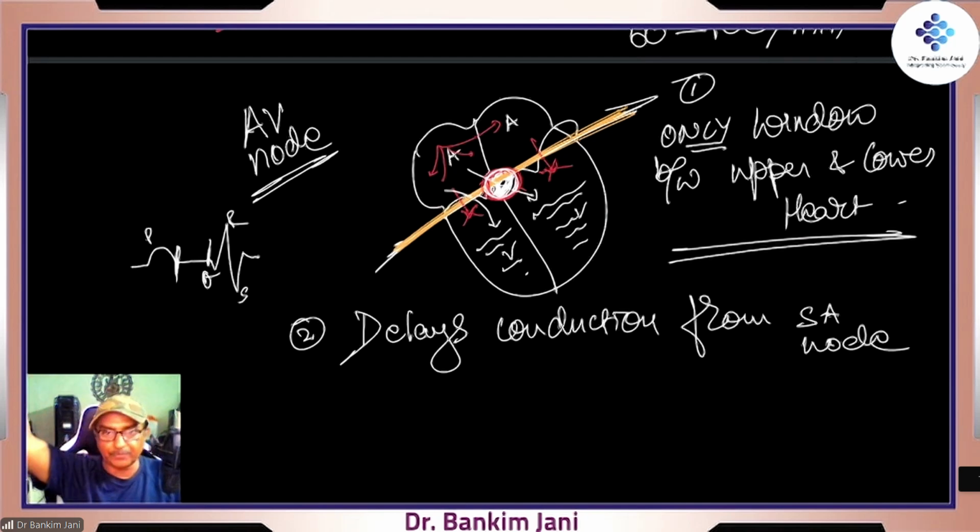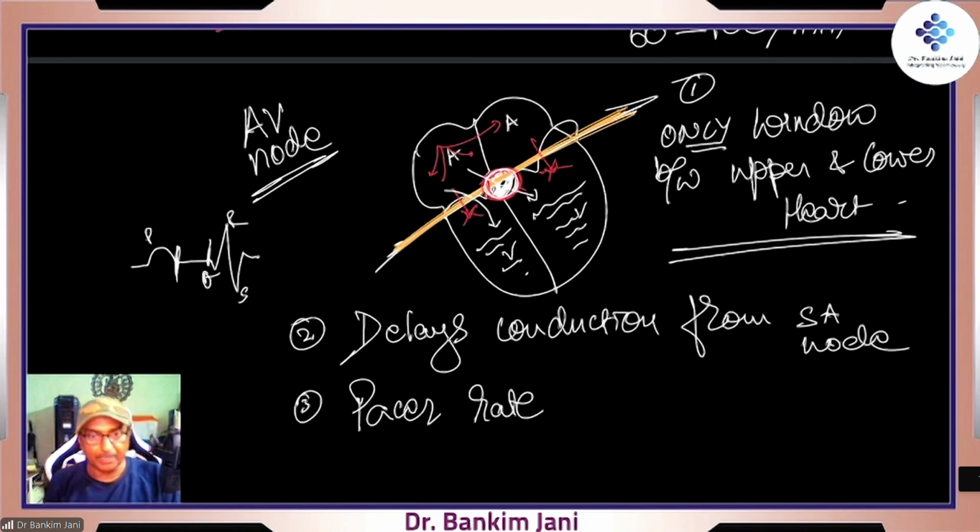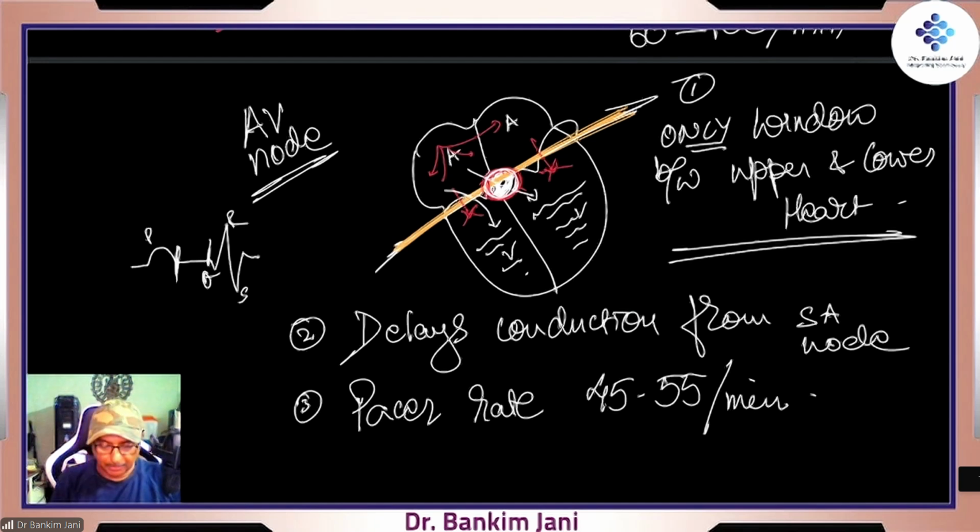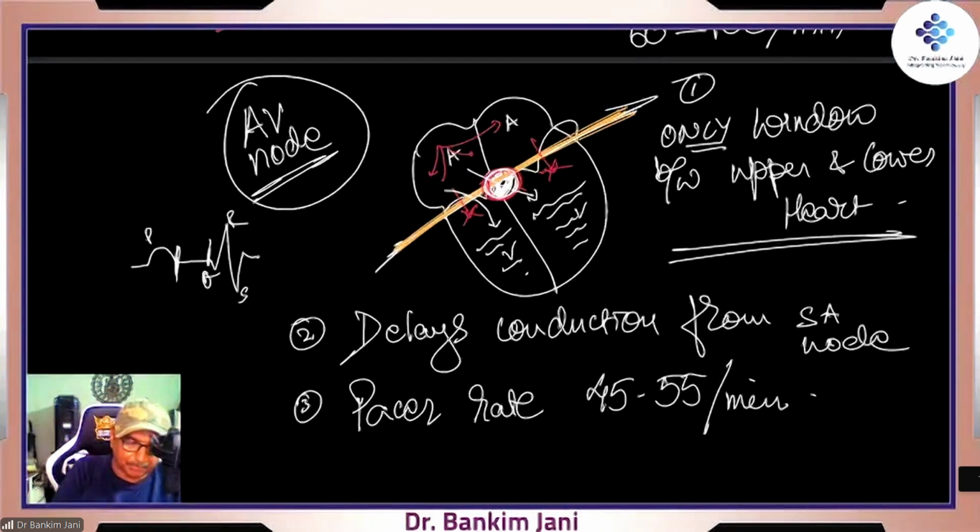In case there is no overdrive suppression, the SA node is the boss. SA says we need to beat at 80 beats per minute. The pacemaker rate of the AV node is much less, 45 to 55. But the AV node has a burning desire in its heart that one day it will also be the boss.